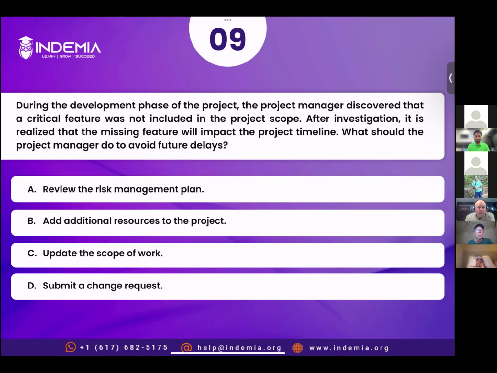How would option D avoid future delays? Well, when you ask that question, now I'm thinking D does not make sense. Maybe it would be, because submitting a change request, you're putting in a change request to make the adjustments, and then it has to go through an approval process, and then it's approved and changed.